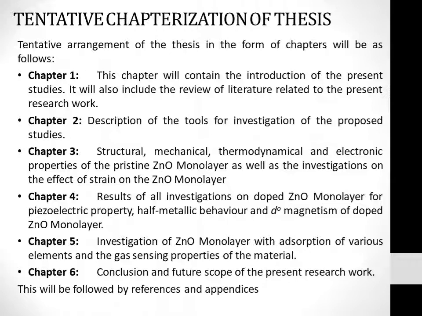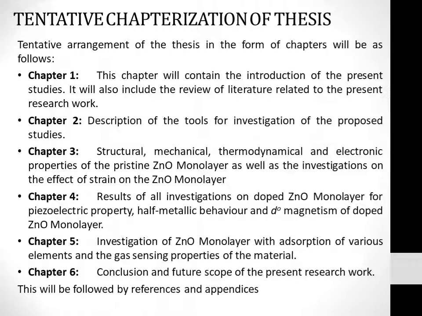Chapter 3 will contain all the results of the fundamental investigations on the ZnO monolayer. It will contain structural, mechanical, thermodynamical, and electronic properties of the pristine ZnO monolayer. This chapter will also contain the results of the investigations on the effect of strain on the ZnO monolayer as well. Chapter 4 will contain the results of all investigations on doped ZnO monolayer.